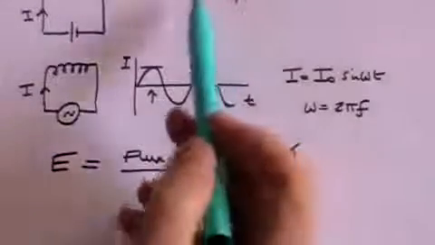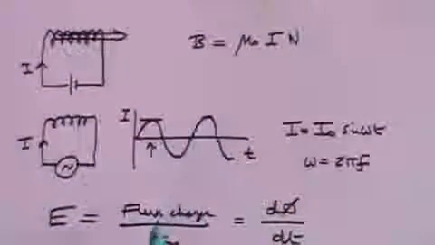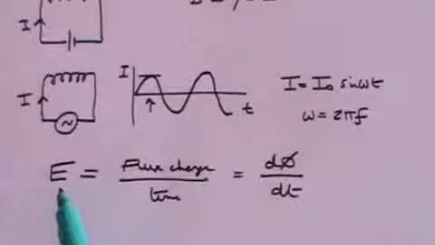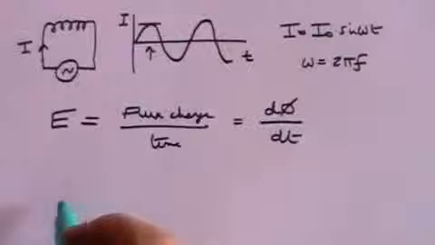Now, if you've got a constant magnetic flux, then there isn't a flux change, so there will be no induced EMF.